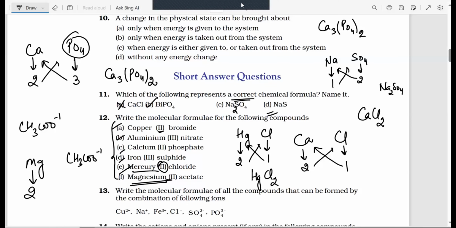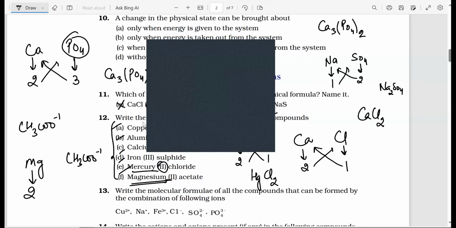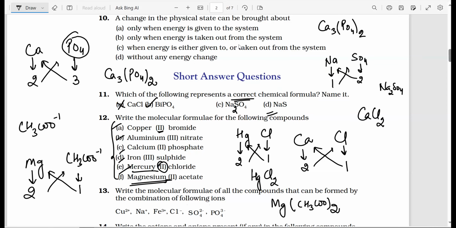So its valency will be, tell me, 1. You cross multiply these two, you will write Mg, whole bracket CH3COO, and then whole bracket 2. So likewise, Mg then bracket then 2.